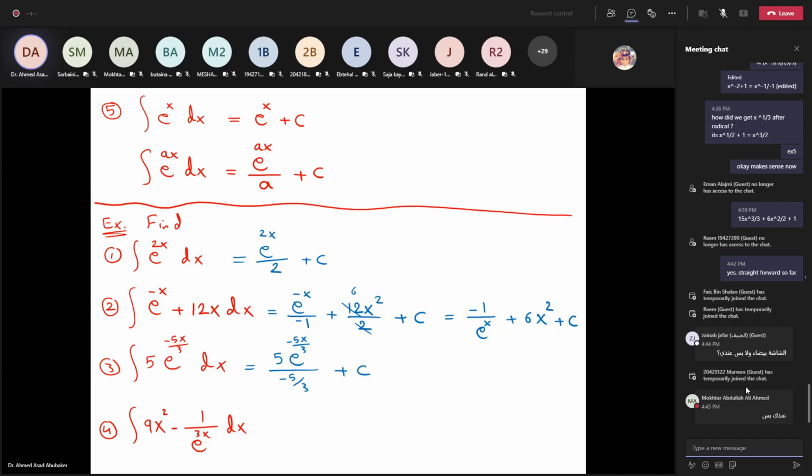Okay, now remove 5 with 5, we have negative, so we have negative 3 over 5 and put e to the power 5x over 3 plus c. Like this, if we need to convert. We already removed 5, so we have negative 3 only.